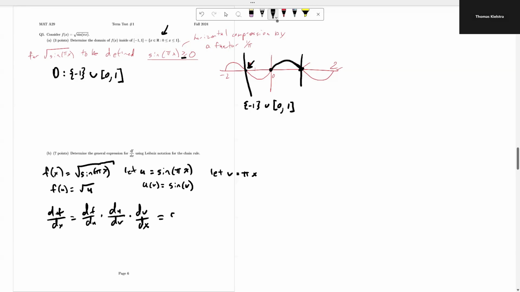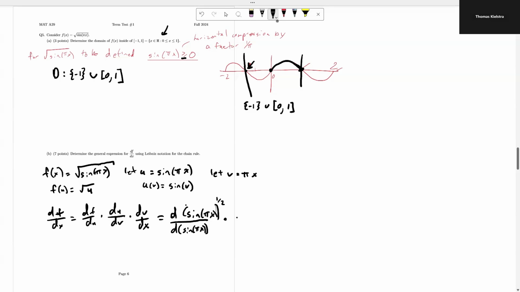which equals the derivative with respect to sine pi of x, because that's what my u is, of the square root, sine pi x to the 1/2, times, and now I'm taking the derivative of u with respect to v, or the derivative of sine pi x with respect to this pi of x, or what my v is, du by dv.